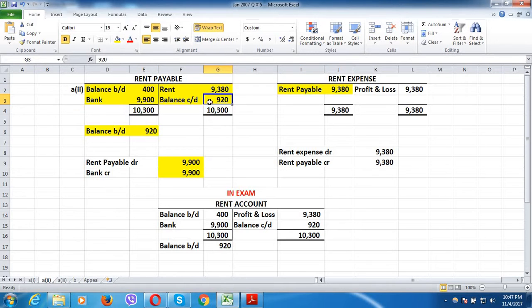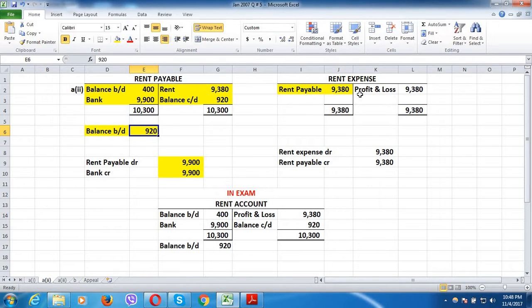And this one, 920, is your rent prepaid for next year. So this part will be transferred to the balance sheet in current assets as rent prepaid. This transfer process, that one goes to the profit and loss account and this goes to your balance sheet, is what we call the year-end transfer.